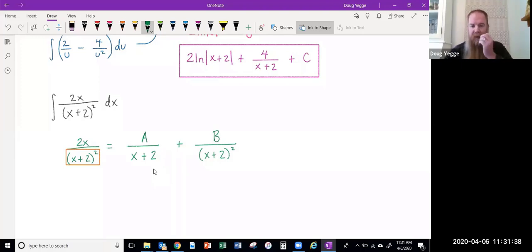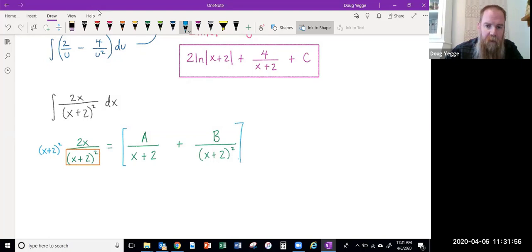So we're going to do the same thing as we did in the last example, and let's get rid of the denominators. Let's just multiply by what we're going to need to cancel these. So I'm going to multiply by x plus 2 quantity squared, and on the left one, I'm going to multiply again by x plus 2 quantity squared. Cool.